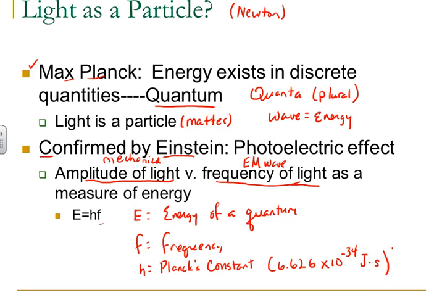And I would jot that down somewhere because you may need it for a calculation at some point. So this just says that energy is proportional to frequency and gave us a constant of proportionality to make it into an equation.